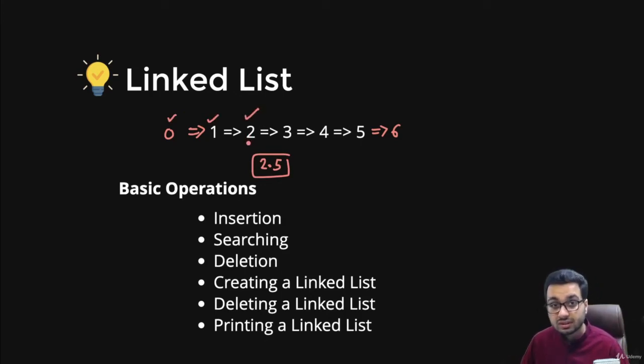I want to put this after 2, and in the address of 2 I look at what is there. It is storing the address of 3. So I put the address of 3 here, so this connection gets formed, and let me put the address of this node here, so this connection gets formed. So this is how you can do insertion in the middle.